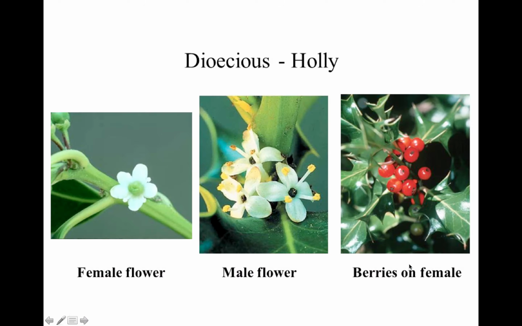If you look up close at the holly flower, you can see the female flower has a distinct pistil, and the male flowers are lacking that pistil, but they have pollen. There's no pollen on these anthers in the female flower. And of course, if you get pollinated and you make seeds, those seeds are going to be encased in a red fruit. So if your holly bush has berries on it, it's a female.